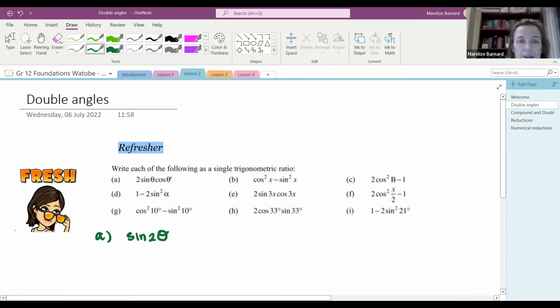Remember that if it's a theta and a theta, then your double angle is 2 theta. So here's an alpha, so your double angle is 2 times alpha. If it's 10, it's 2 times 10, so it's 20. X, 2x, 3x, 6x, and so on. That's how you know what to write as your double angle. You literally take the angle that is already there and you just double it.